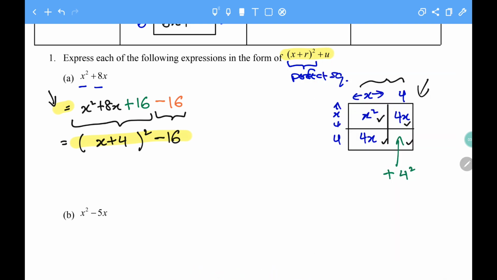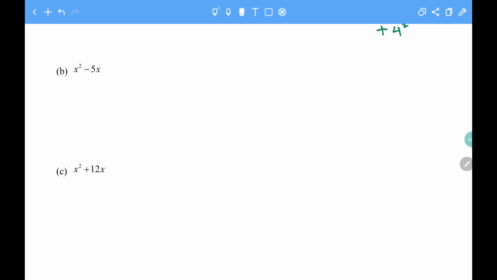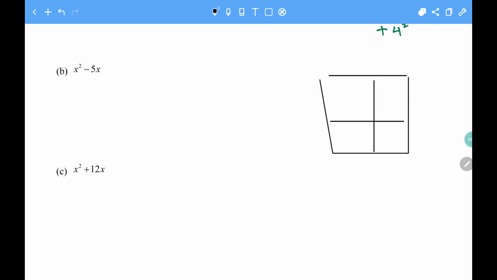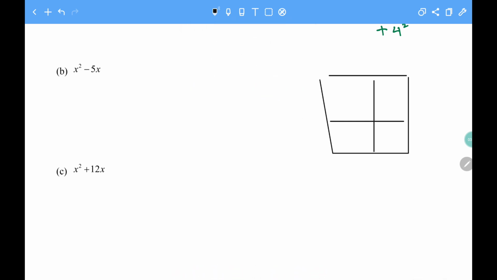Alright, let me go through B with you now, and I expect you to attempt the rest on your own. Now this question, one more time, I am going to draw the box. Next I want you to sub in the two terms into the box now. x squared.